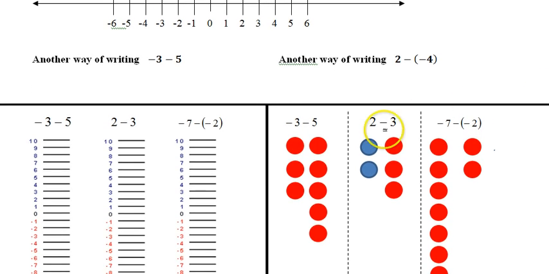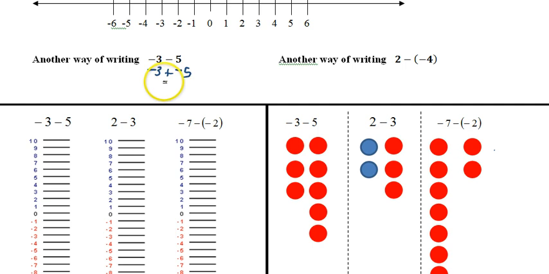The other way to look at it is this. If you have minus $3 and then you take away another $5 from your balance, that's the same as adding debt. So anytime you see subtracting a number, from now on we're dealing with integers, you don't want to leave it as a minus. You want to change it into a plus minus. This will give us a clearer picture on whether we're going to add the two numbers or subtract them.